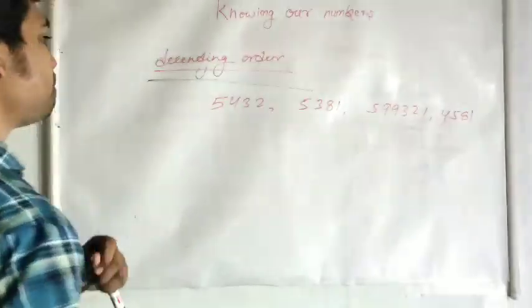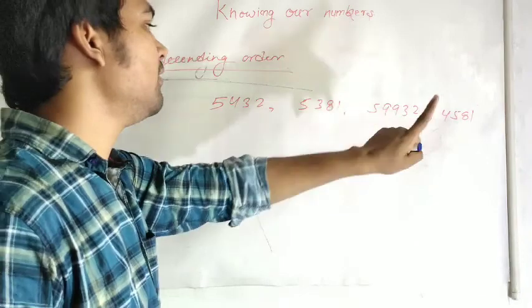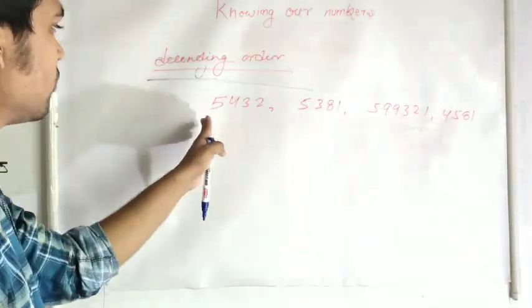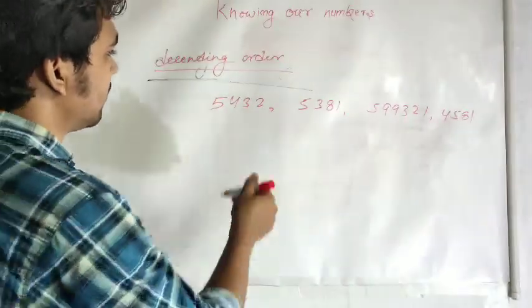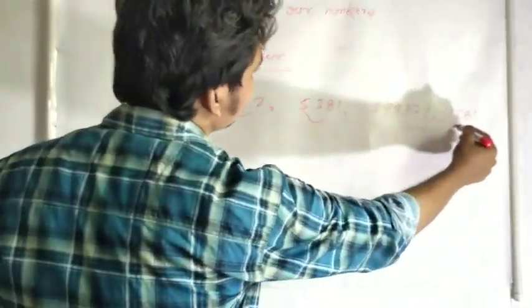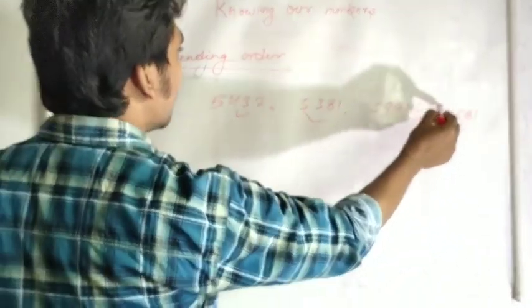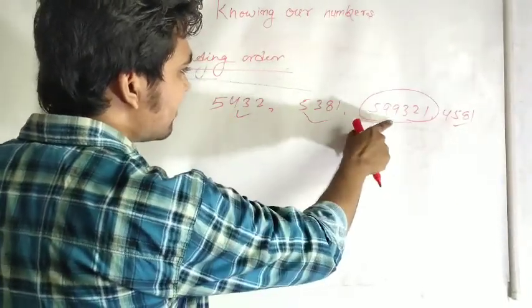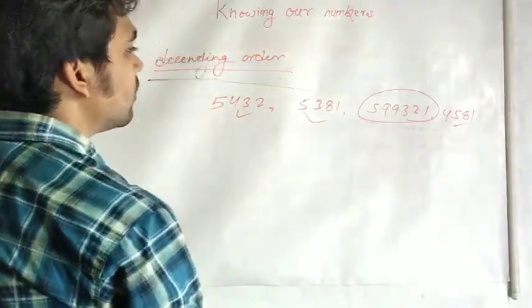Dear friends, here are 4 numbers given in a series form. Looking at those 4 numbers, what do we see? We see that these 3 numbers have the same number of digits, but this number has 1 digit more than these. It means this number has 6 digits.